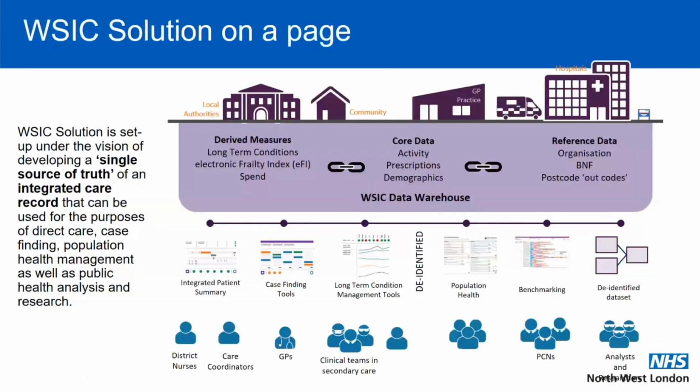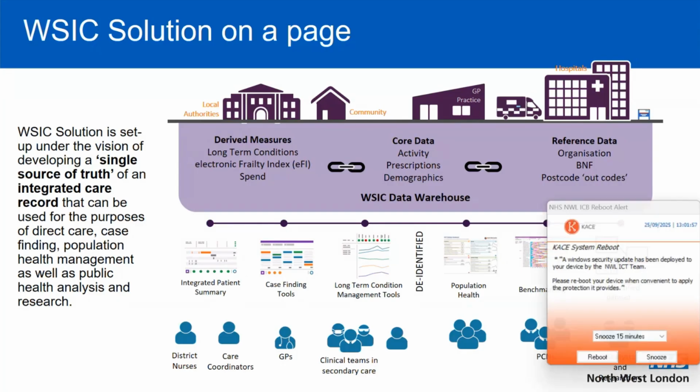Sorry, Matthew, back one. On the other side, we have the de-identified data, and this is where we get to see things like the population health dashboards or dashboards created for benchmarking. There's a lot of use cases here around analytics. So it might be good for operational analytics, commissioning analytics, public health, and population health as well.